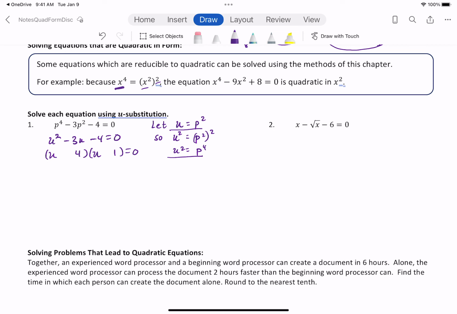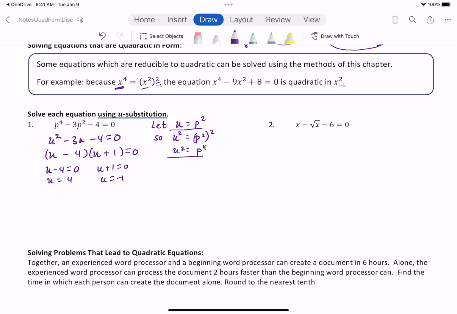And since the 3 needs to be negative, we need negative 4 and positive 1. So then the zero factor property works just like it did before. We set each one of those factors equal to 0. So I get U equals 4 or U equals negative 1.